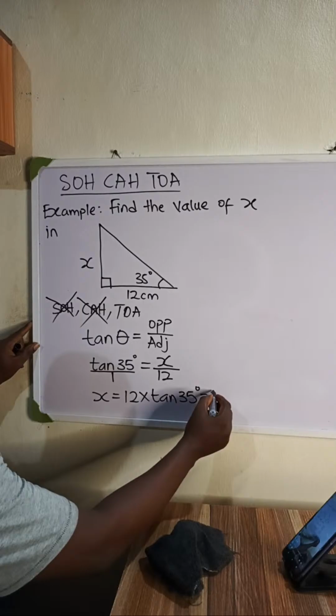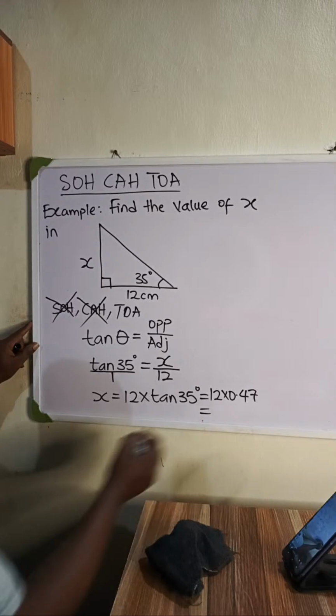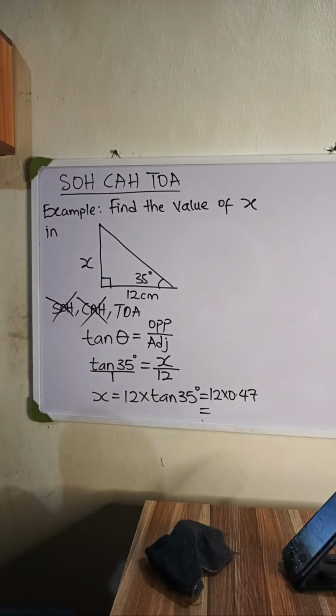So this will give us 12 times 0.47. And 12 times 0.47 will give us 5.64.